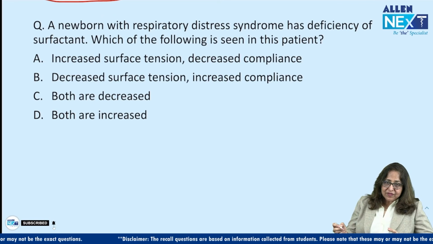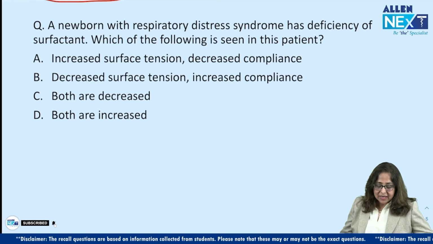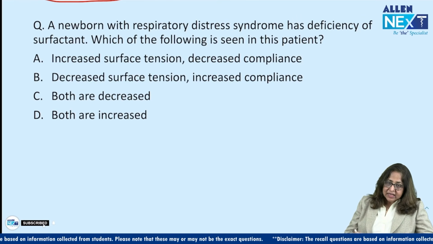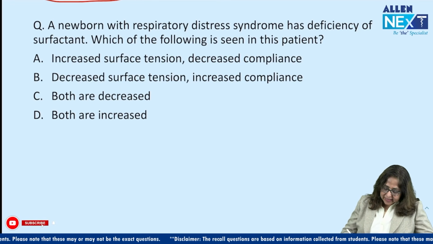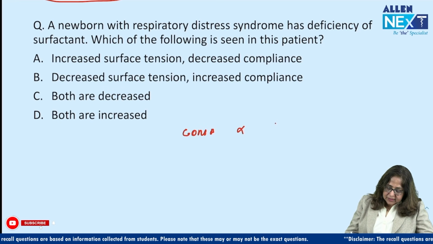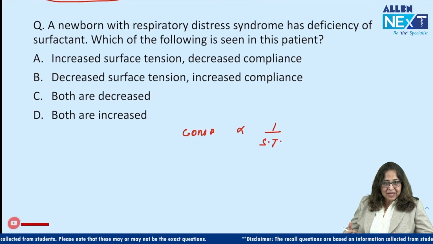What is the role of surfactant? Surfactant will reduce the surface tension. And what is the relationship between surface tension and compliance? Compliance is inversely related to the surface tension. The more the surface tension, the less the compliance.